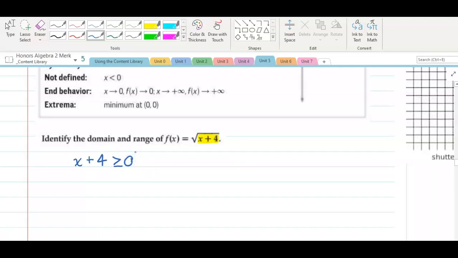It can't be negative. And then we solve. So now I know that my domain, x must be greater than or equal to -4. And in interval notation, I would write that as [-4, infinity). That's how I'm going to find my domain.